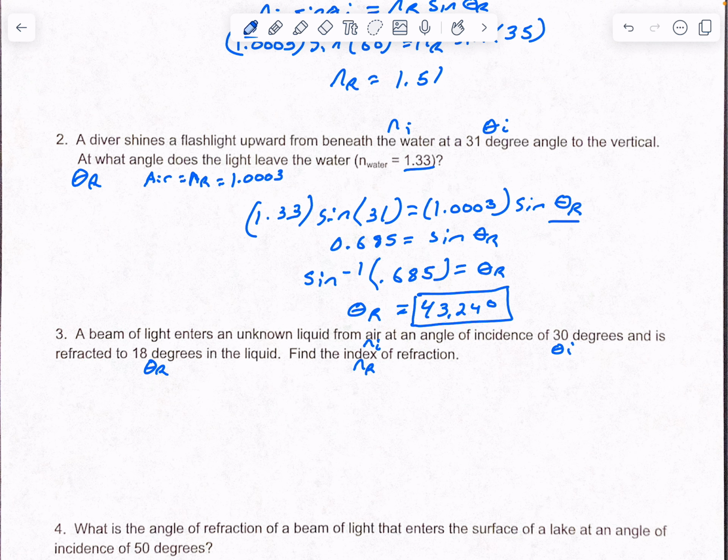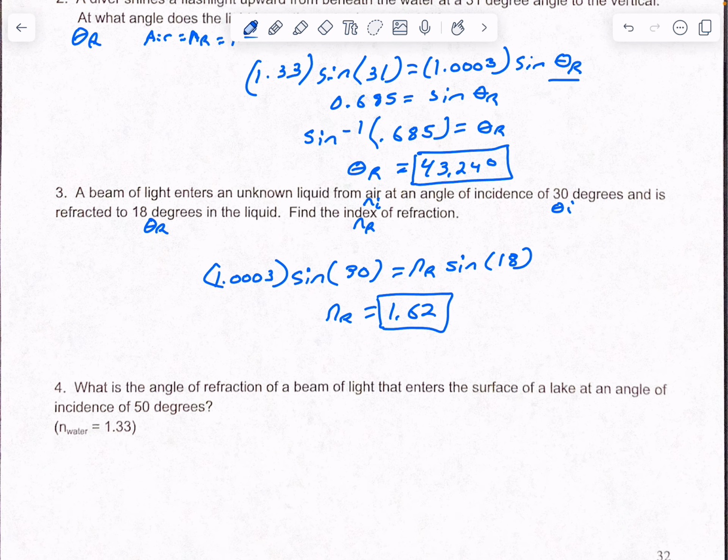Ni is for air, so that's 1.0003 times sine of your original angle, which is 30, equals Nr, which we don't know, times sine of your new angle, which is 18. So multiply, get the left side answer, divide both sides by sine of 18, and you get a refractive index of 1.62.